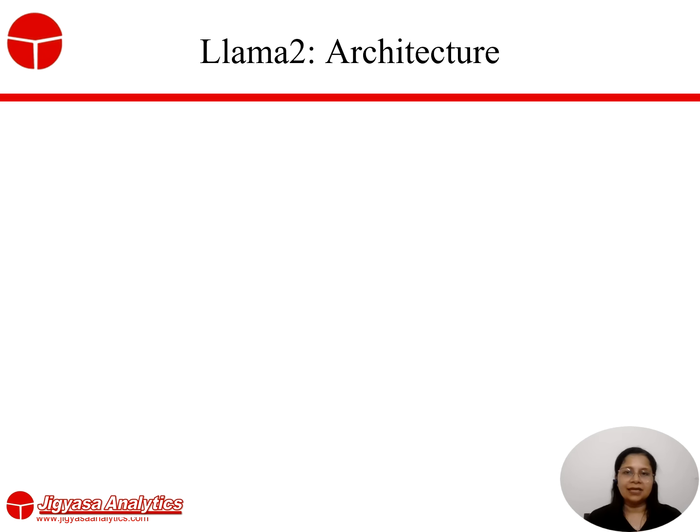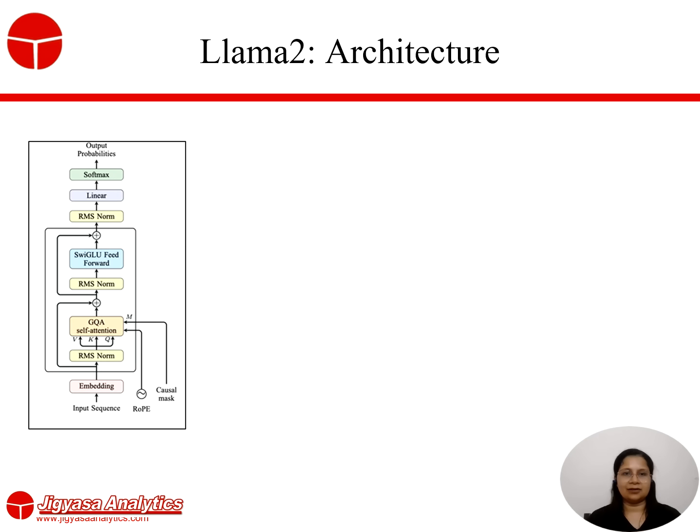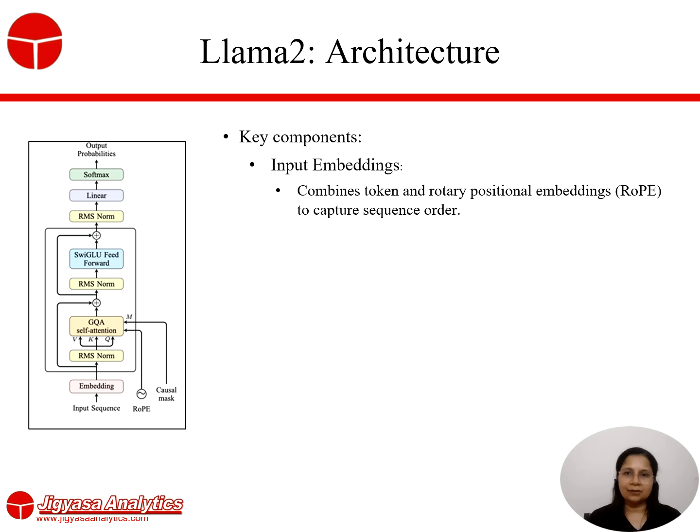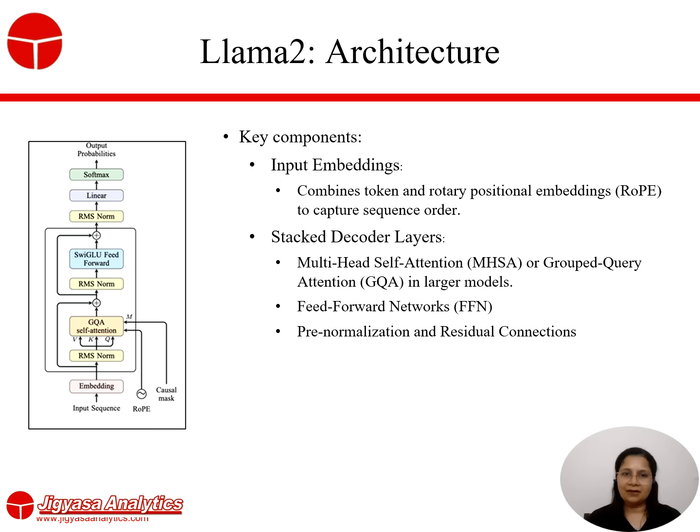Let us look at the key components of Llama 2's architecture. Here is the architectural diagram of Llama 2. The Llama 2 model starts with the input embeddings, which combine token embeddings with rotary positional embeddings to give the model a sense of token order in the sequence. Then we have stacked decoder layers, which are the main processing blocks.